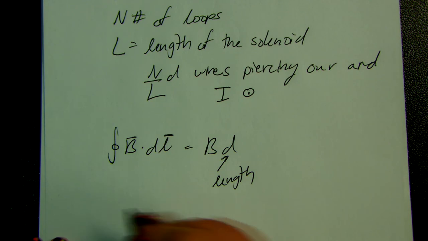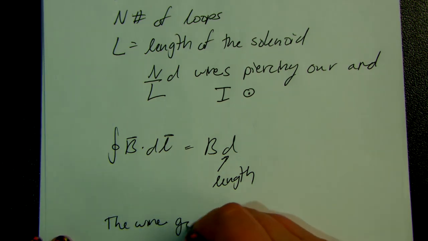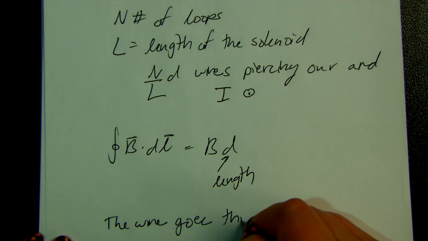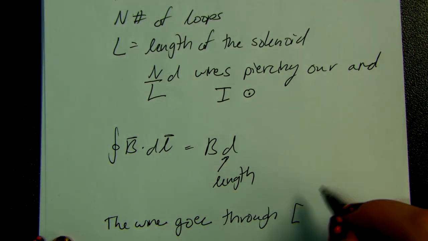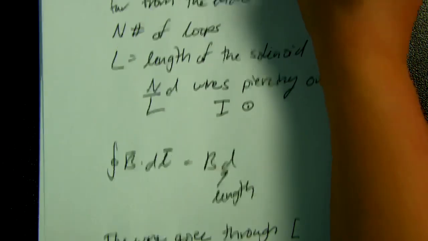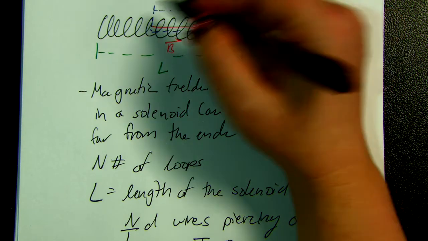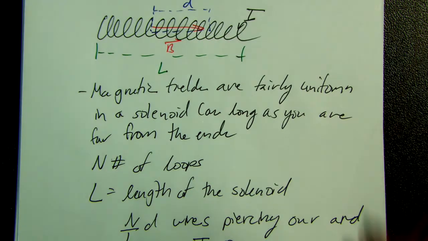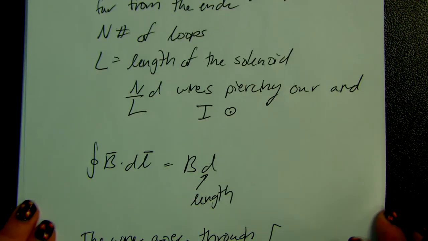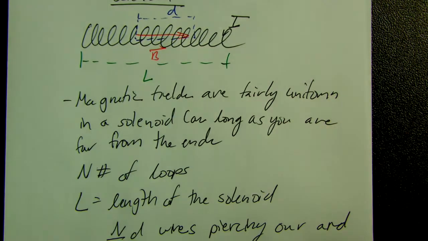So the wire goes through. Oh, and at the ends, I should mention, the ends are perpendicular. So therefore, you have zero contribution on either one of these two ends. It's just d. And we can see that d here, this is the part we're interested in.